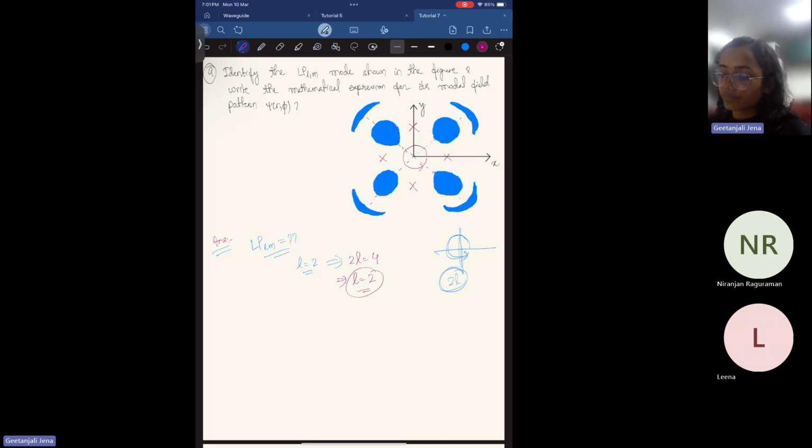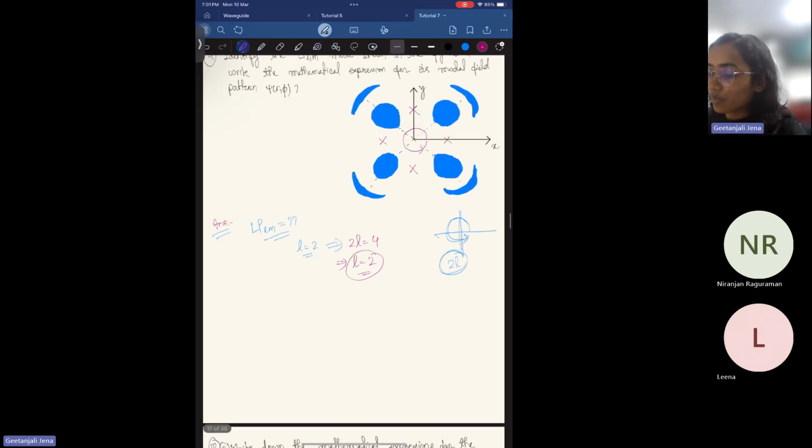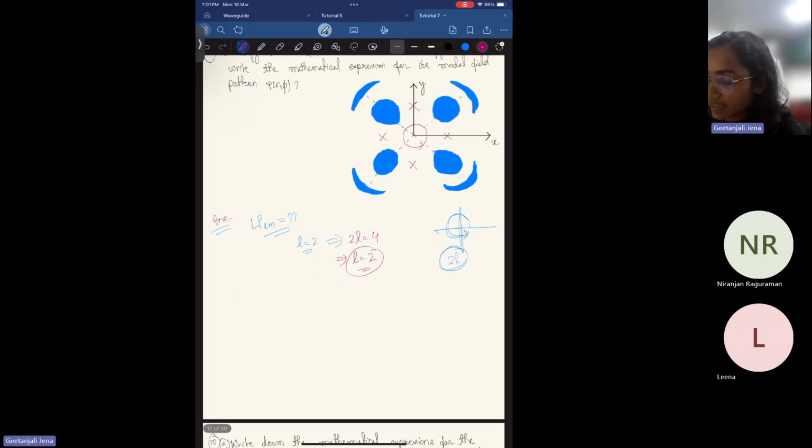Now for the M. You can calculate it from the number of zeros in the radial direction. The number of zeros in the radial direction is given by M minus 1. So just use this M minus 1 and let me know the answer. Just look at the radial direction.